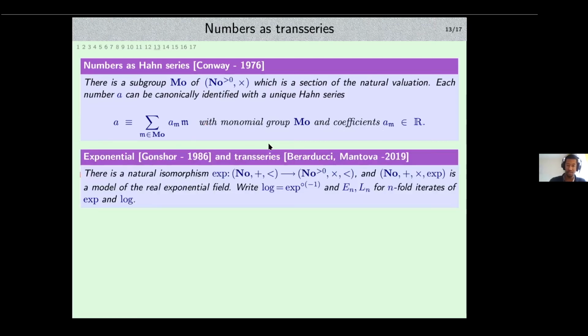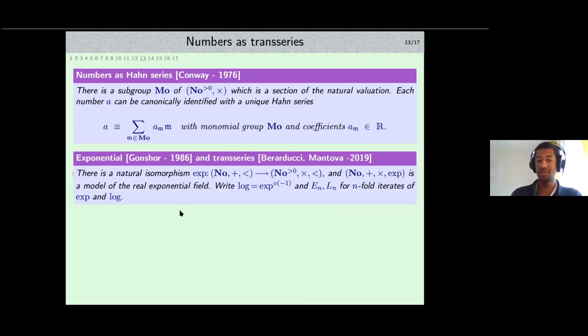And another author, Gonshor, defined an exponential function on NO, so an isomorphism from the additive group to the multiplicative group of positive elements. And you actually obtain a model of the real exponential field doing this. And you also use a simple equation.